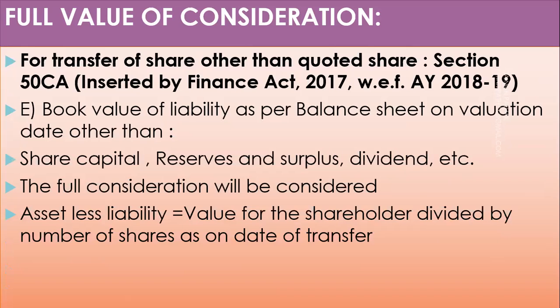Book value, liability, whatever I am liable to pay as per the valuation, I have to deduct from the total asset side: asset side minus liability side. Then comes the net consideration. That should be divided by the number of shares I have, which would come to a value. Number of shares multiplied by the price per share would come to the valuation of shares.